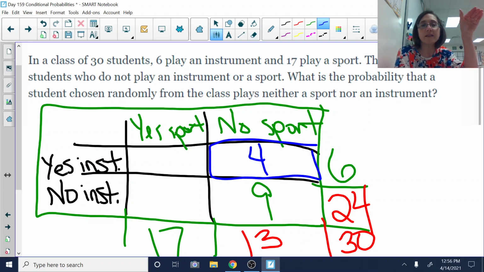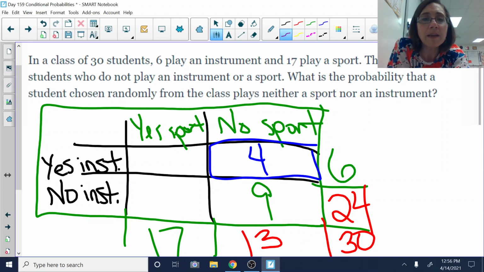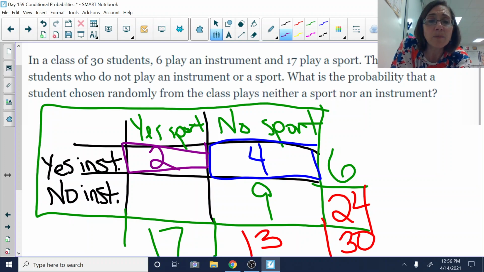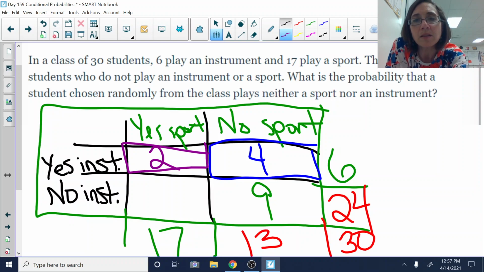Let's go across the yes instrument row. There were 6 kids in the class that play an instrument. I've already counted 4 of them, so how many does that leave over here? Well, that would leave 2 kids. So those 2 kids play an instrument and a sport. Now let's look at the yes sport column.